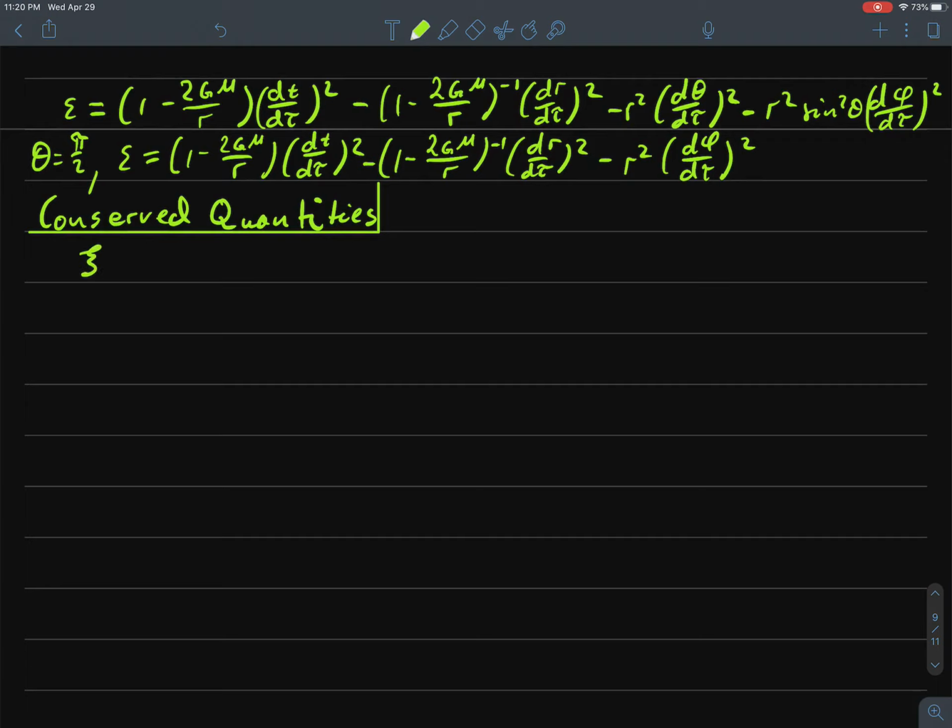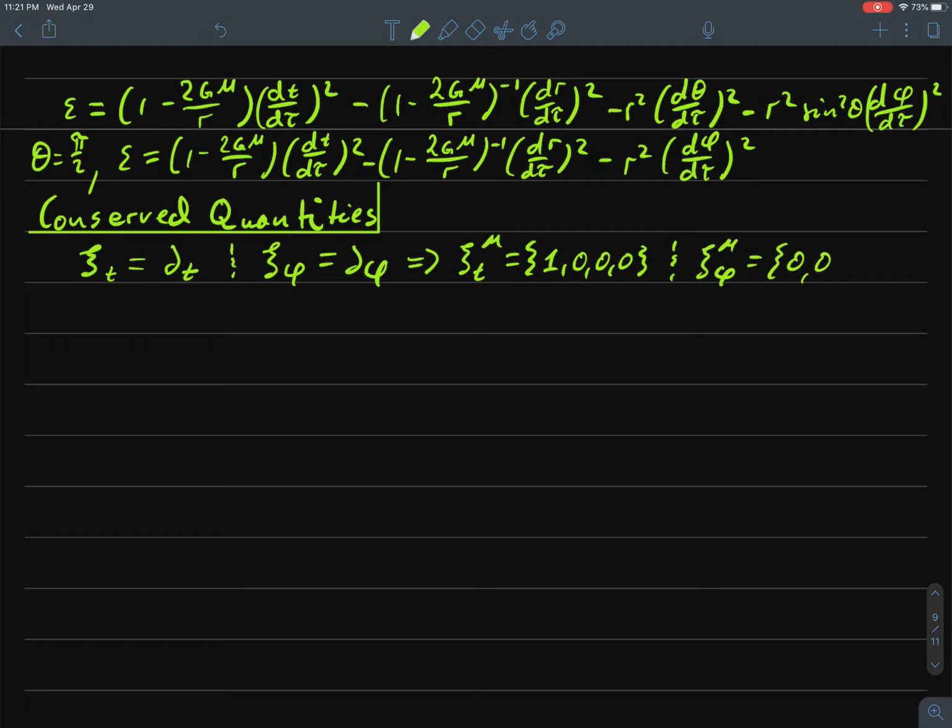There's a Killing vector in t, d t, and there's going to be a Killing vector in phi, which is d phi. So the components of these 2 Killing vectors will be 1, 0, 0, 0, and for phi, 0, 0, 0, 1.